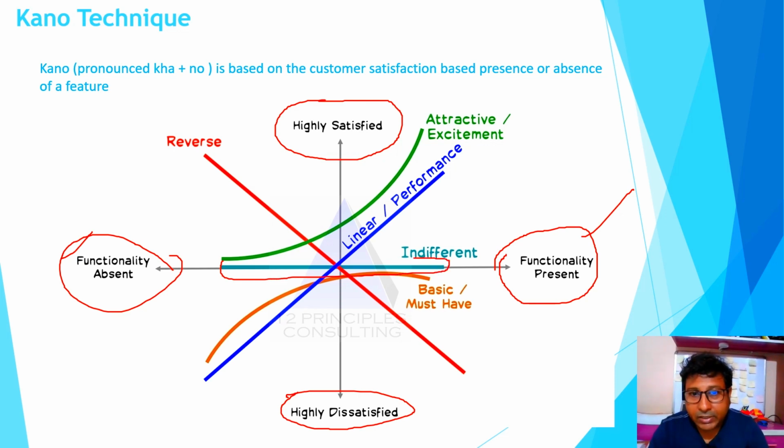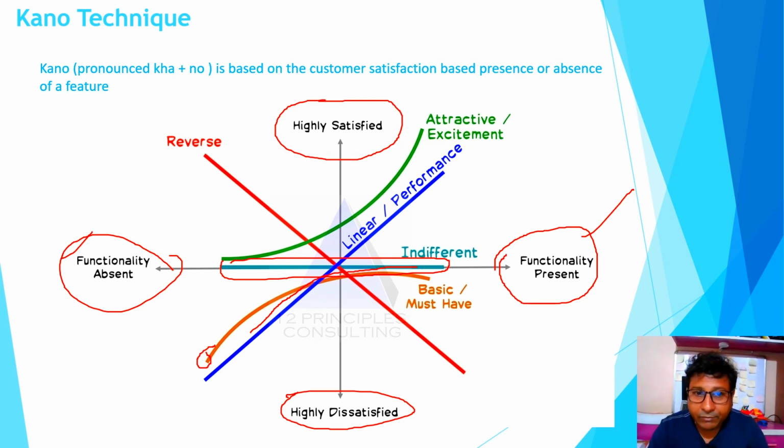If this is getting implemented, right, that means slowly when you start implementing, at the beginning it is not there, so customer is highly dissatisfied, right?